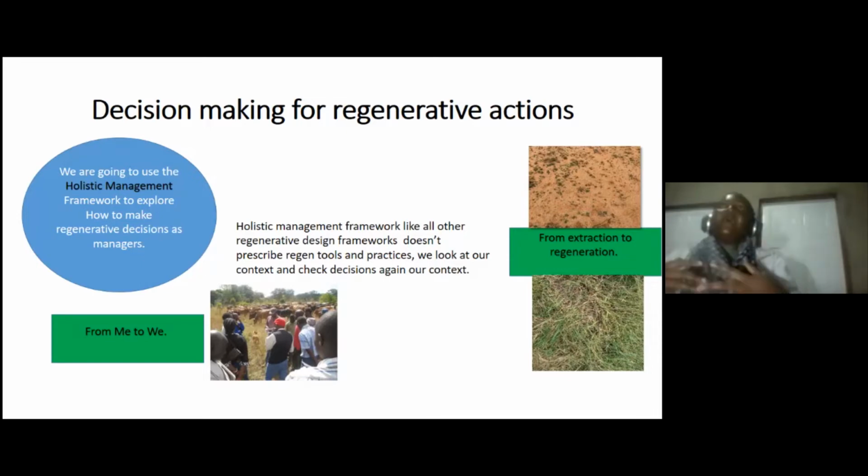But we've been translating that abundance thinking into abundance and generosity. So whether you have much or less, you want to share.